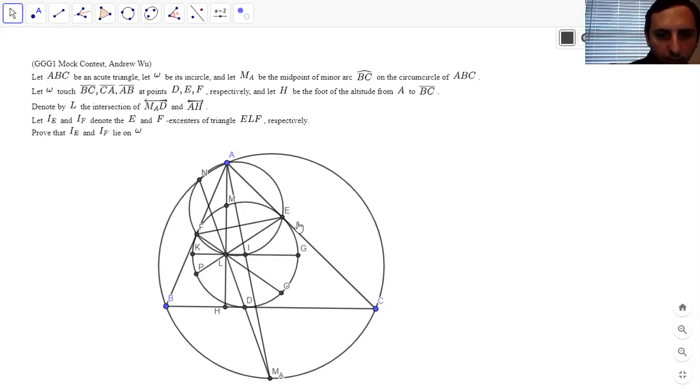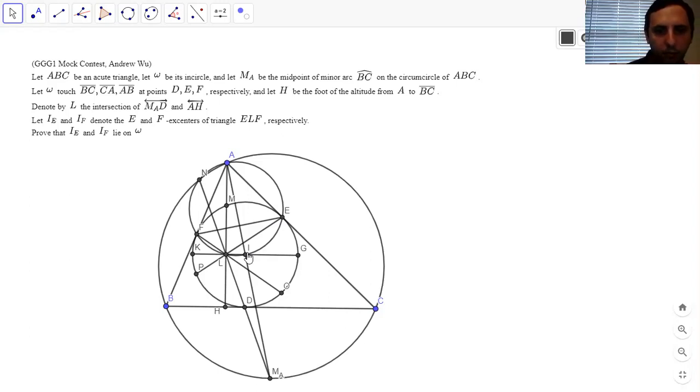How do we know ELI is OLI? Because OLI is 180 minus FLI, and that is FEI. Oh, actually, FEI, okay. So yeah, I see that ELI is OLI.